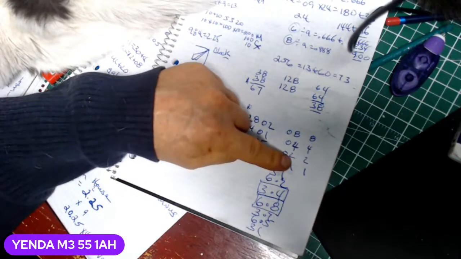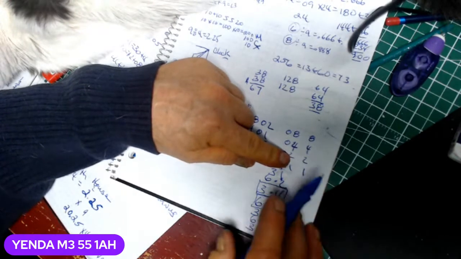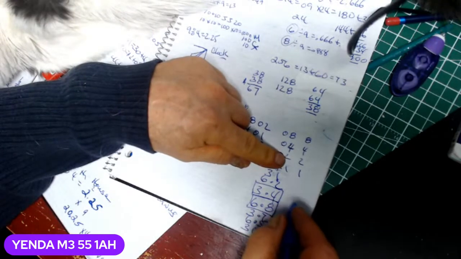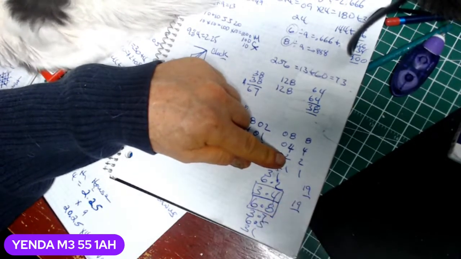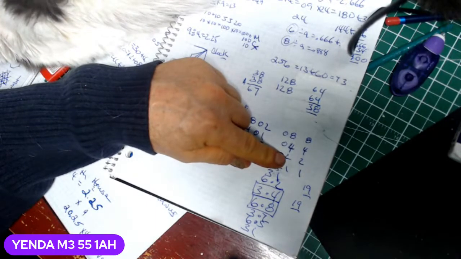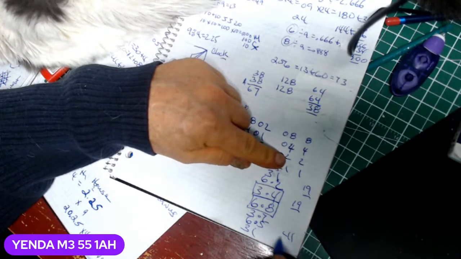So if I start just on number 13, doubling up, if I do a full calculative reality, the number 3 and 4 will equal 19. The number 3 and 1 will equal 19. The number 6 and 5 will equal 41.